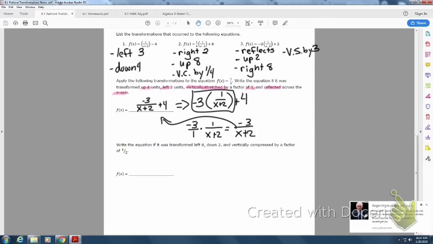Okay, so it's the same thing. It does not matter which way you write it. If it's a problem like this and you're asked to write the equation, I will tell you though, if it's a vertical stretch, it will most likely look like this. If it's a vertical compression, it'll look like that one up there. Okay.